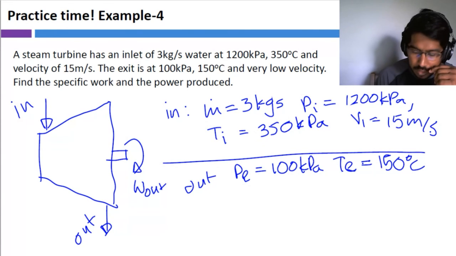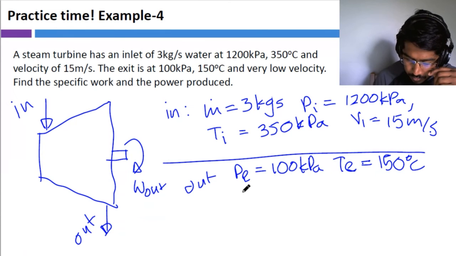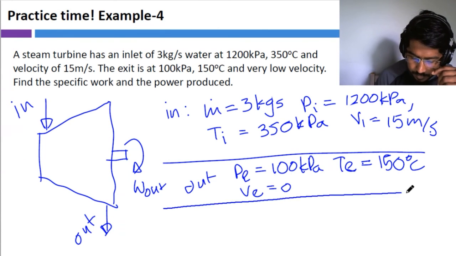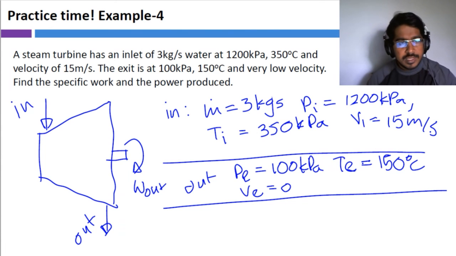This has a very low velocity. We can assume that V exit is not significant, and we can assume it to be 0. Find the specific work and power produced, right?